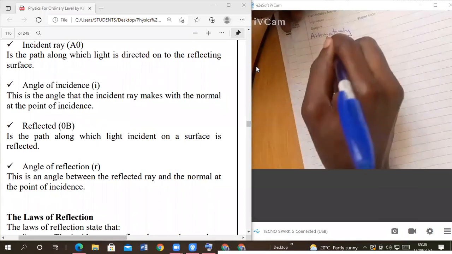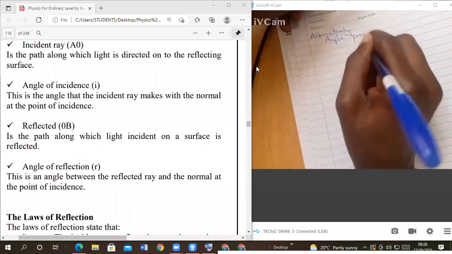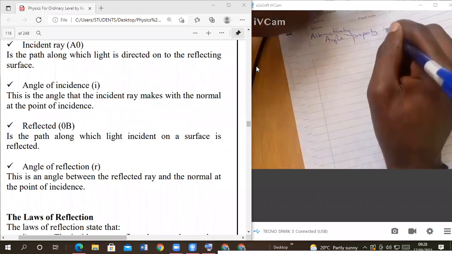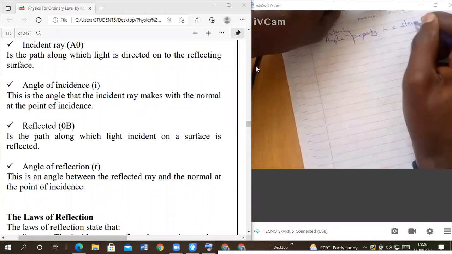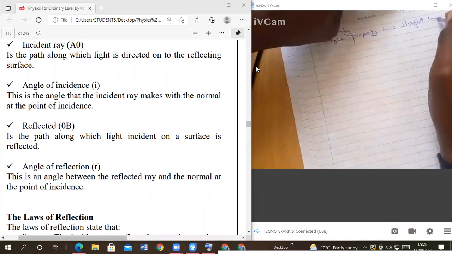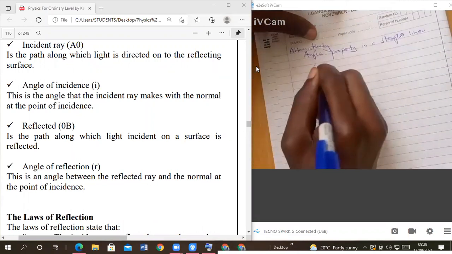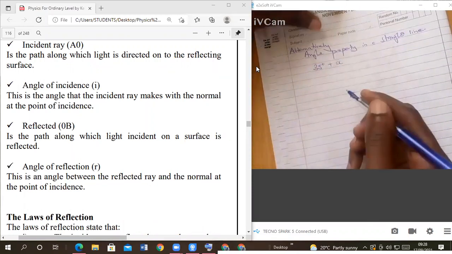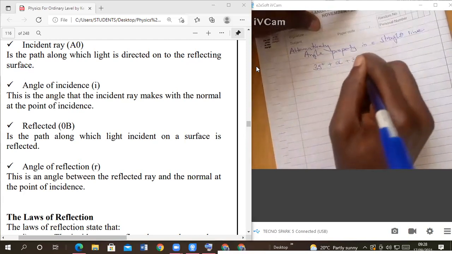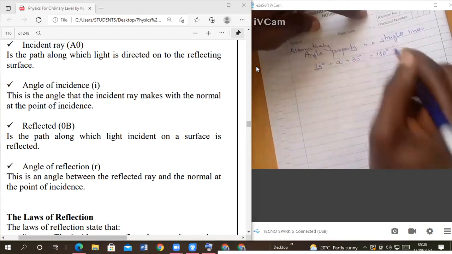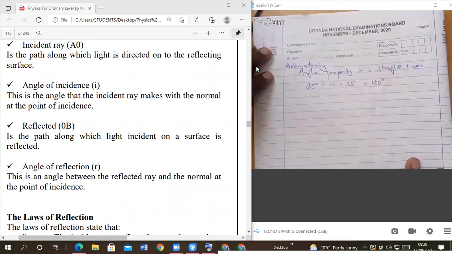So angle properties in a straight line. We can say 35 degrees plus X plus 35 degrees must give us 180 degrees.